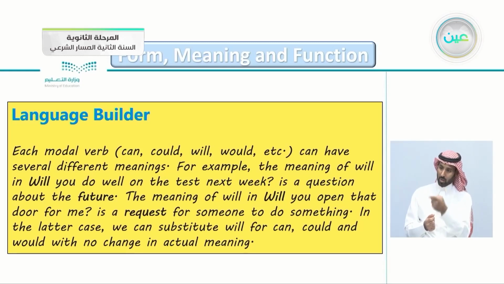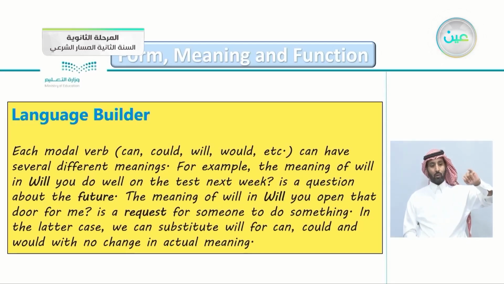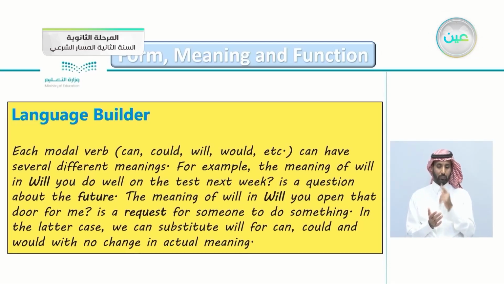So one will is talking about the future, the other will is a request for someone to do something. In the latter case, we can substitute will with can, could, and would with no change in the actual meaning.